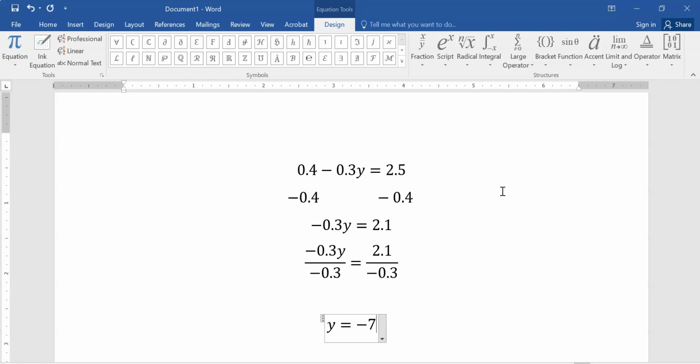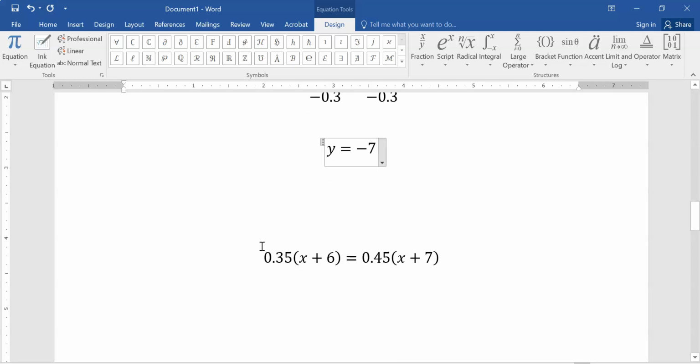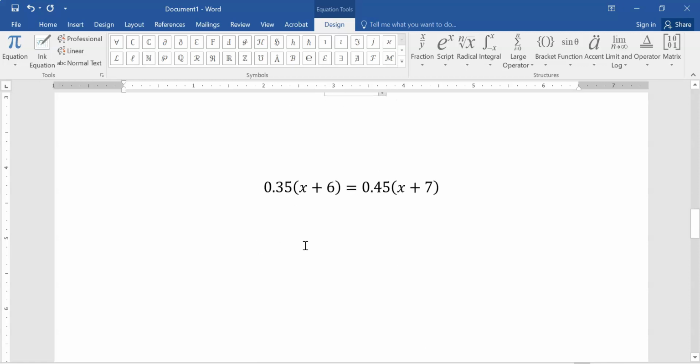We get our terms with variables on one side, constant terms on the other, and then we divide by the coefficient in front of our remaining variable. So there you go. Now that works no matter what the decimals are, no matter if we have distributive properties or not.